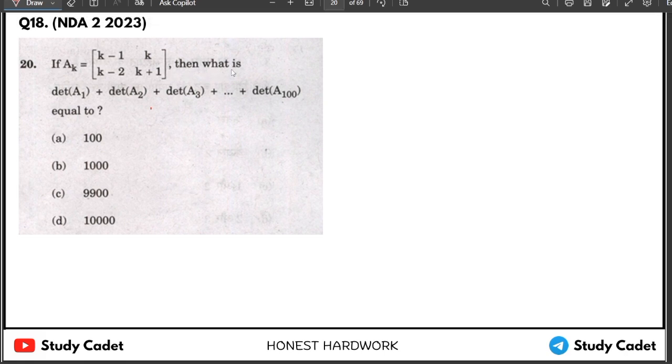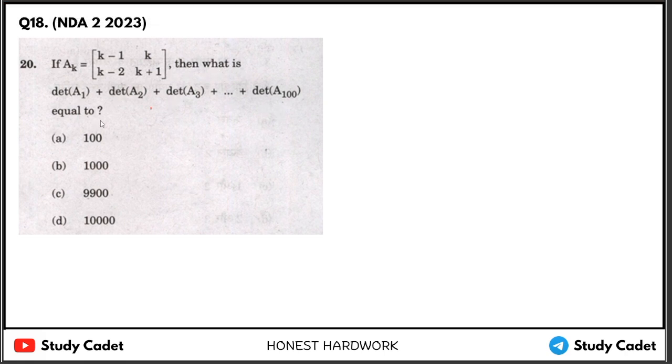If A_k is this, then what is the value of this? Equal to A1. Okay, simply get the determinant of A_k. K minus 1, K plus 1, K squared minus 1 minus K squared minus 2K plus 2K. So this will be 2K minus 1.